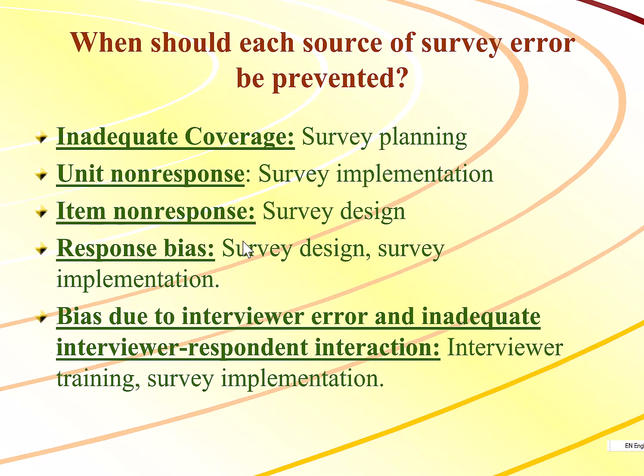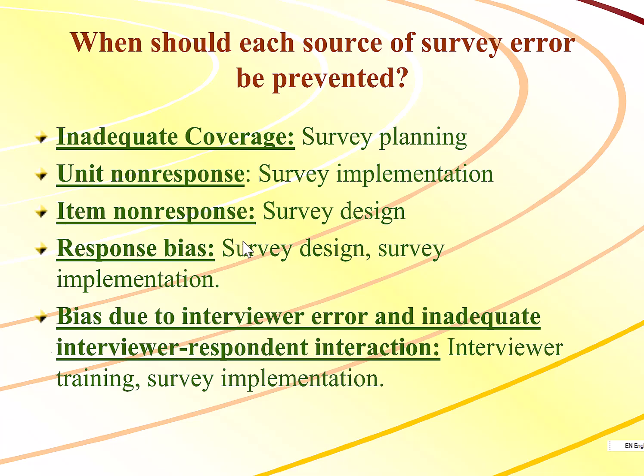So when can you prevent these problems that may result in either unreliability or bias? Inadequate coverage would be addressed in the survey planning stage, because you can evaluate the sampling frame and see if some groups are systematically being excluded, or if there is more incorrect information in the sampling frame for some groups.